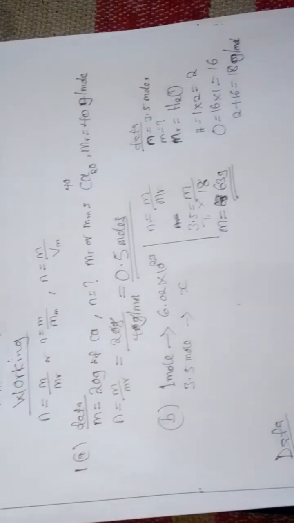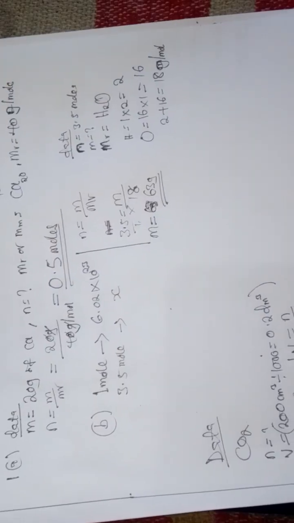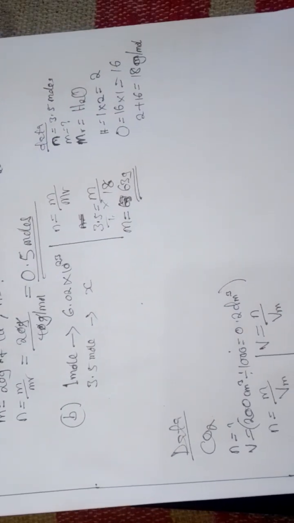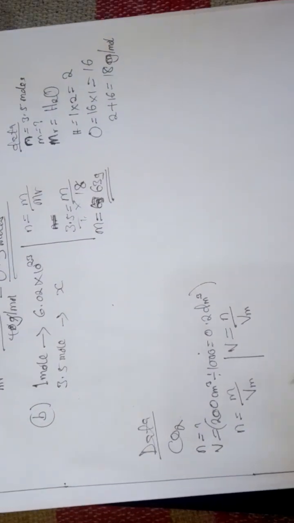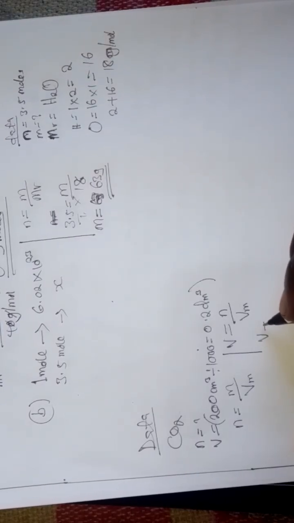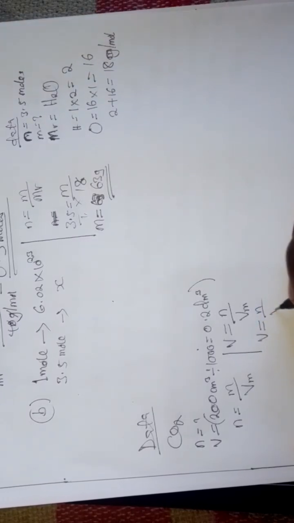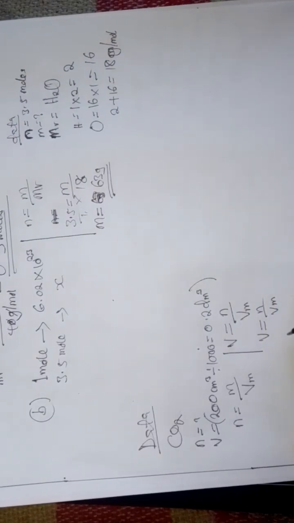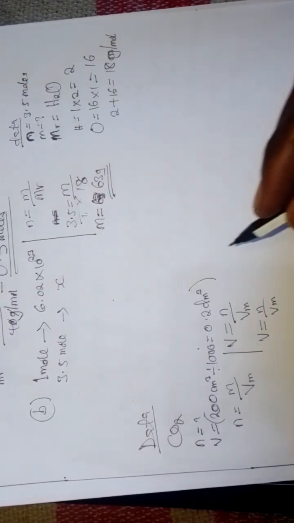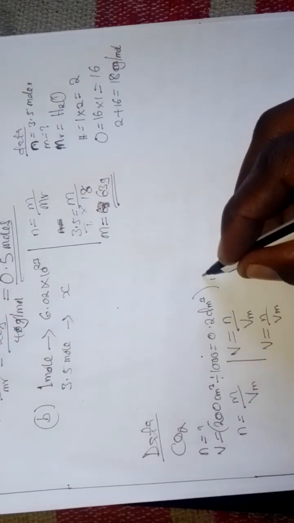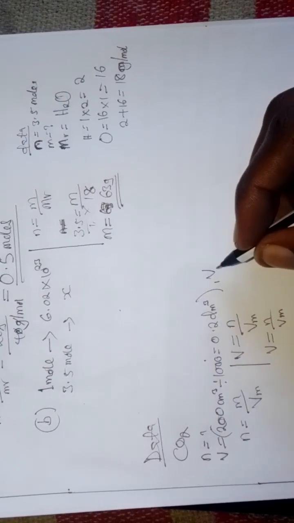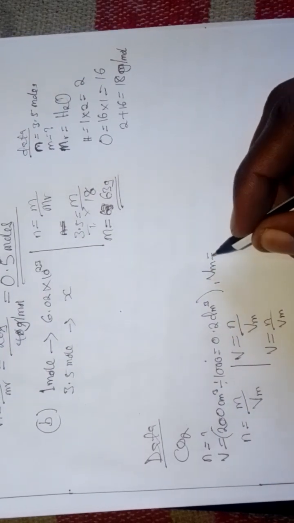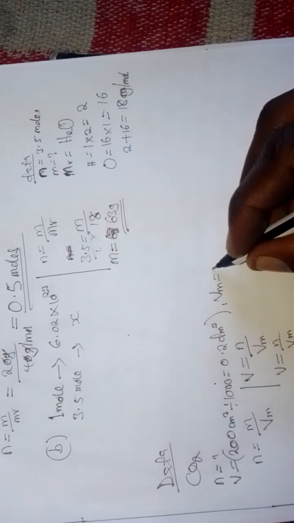So we get back to our question. We can say volume is equal to number of moles over molar volume. Another thing we need to know is that the molar volume under room temperature and pressure is 24 decimeter cubed.